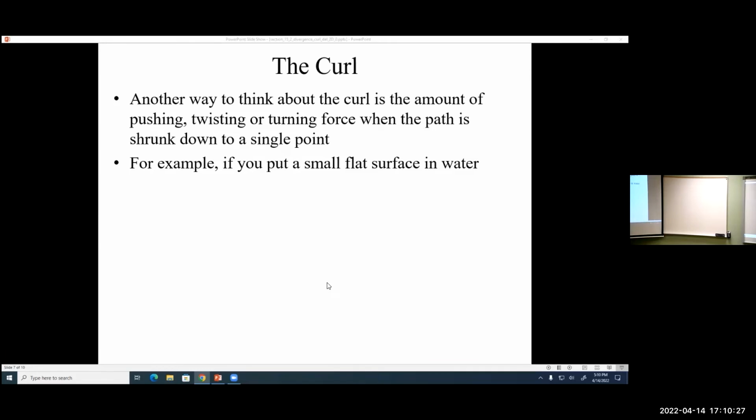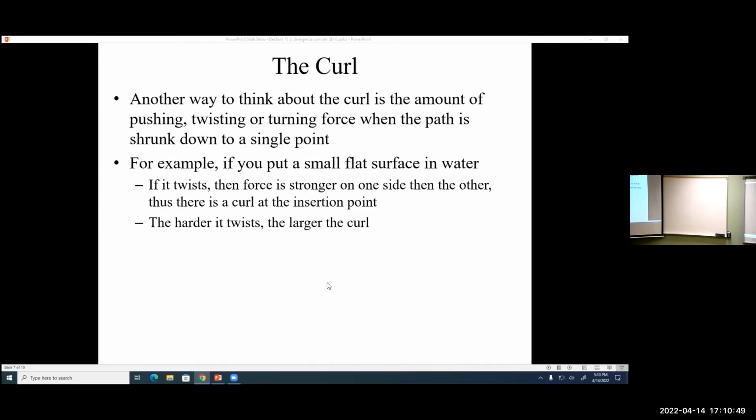Or do you feel it twist? If you feel it twist, that would be the curl. That would be a circulation density, because one side is getting pushed harder than the other. It's not in equilibrium. When it's in equilibrium, we have a zero curl. The harder the twist, the larger the curl. No twist, we've got a zero curl.